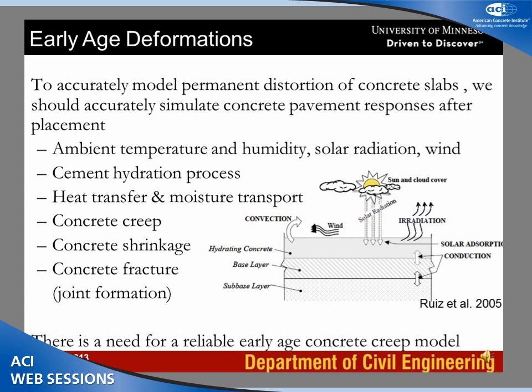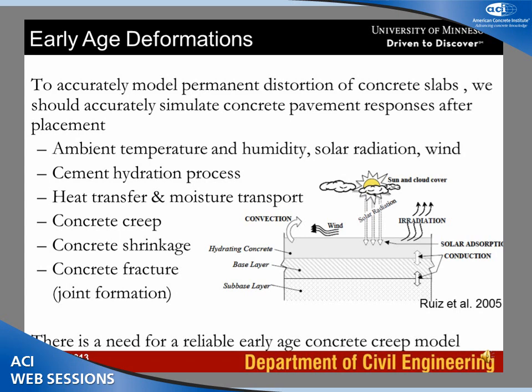On the other hand, we have to account for concrete creep, and it's very difficult to find concrete creep data at early ages. People start measuring or modeling it after 7 days, or 3 days at most. But when we go into really early age, the amount of available data and models is really limited.